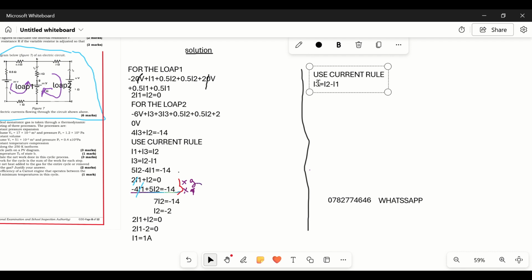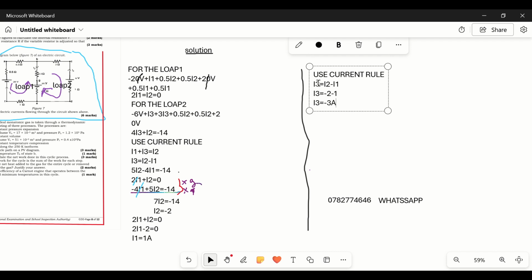We can replace the values we found before. So I3 will be equal to I2, which is negative 2, minus I1, which is 1. So finally we have I3 equal to negative 3 ampere.